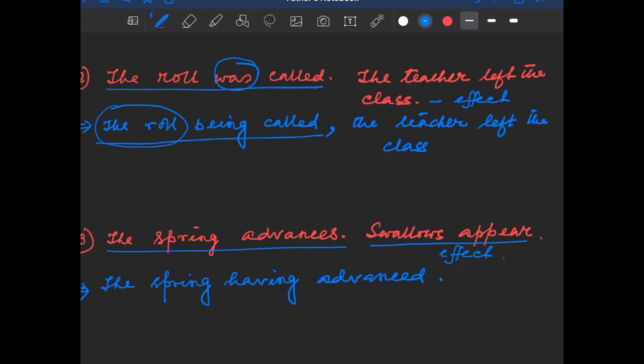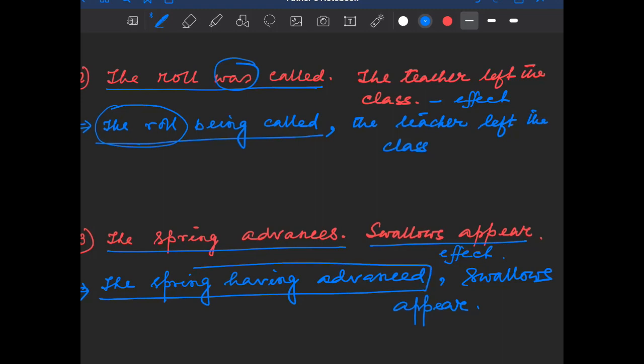Past participle, comma, swallows appear. Okay, the spring having advanced. This is the absolute phrase and the spring, this is absolute nominative or nominative absolute.